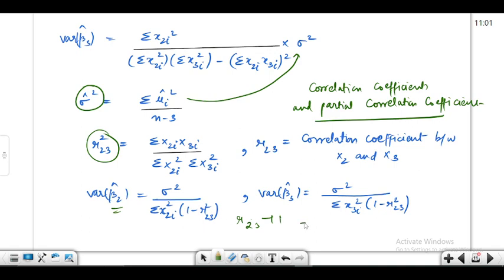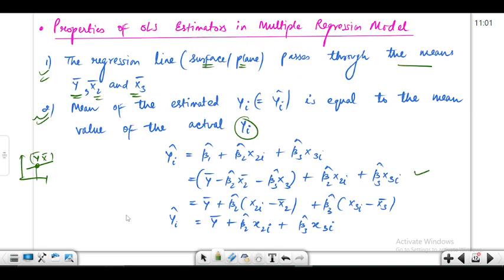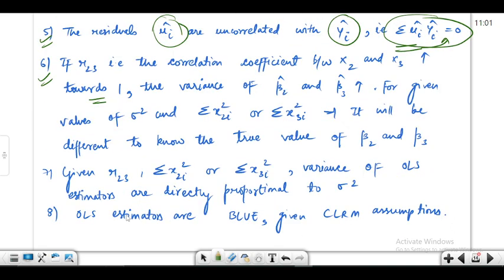This implies 1 minus R23 whole square is approaching 0, and this value of variance of beta 2 hat is reaching infinity. So it will become very hard to estimate the beta 2 hat value or beta 3 hat value if this is the condition that is present.